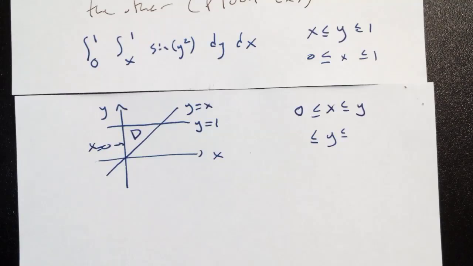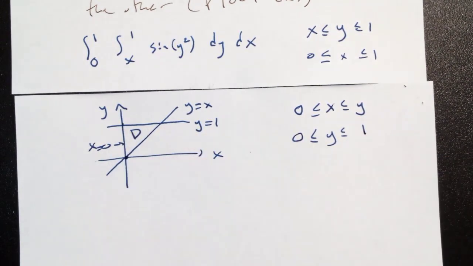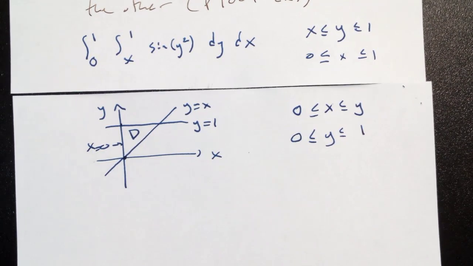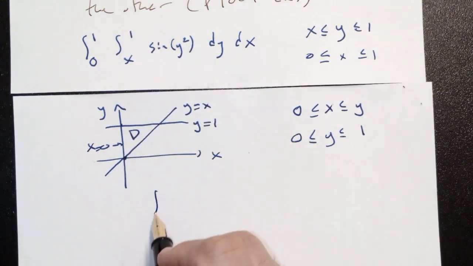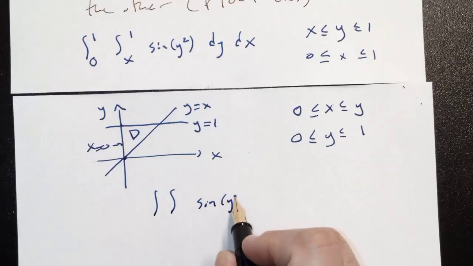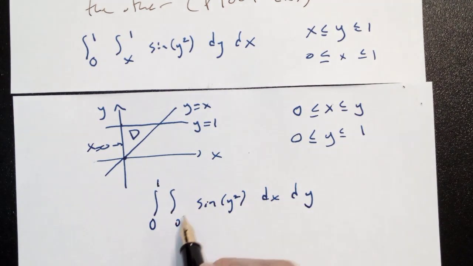Now, I need a number that's the lowest y value I'm allowed to use and a number that's the highest y value I'm allowed to use, because I go from down here to up here. And now that means I can take this same function, sine of y squared, and do the integral dx dy like that. And I'm about to make your day.